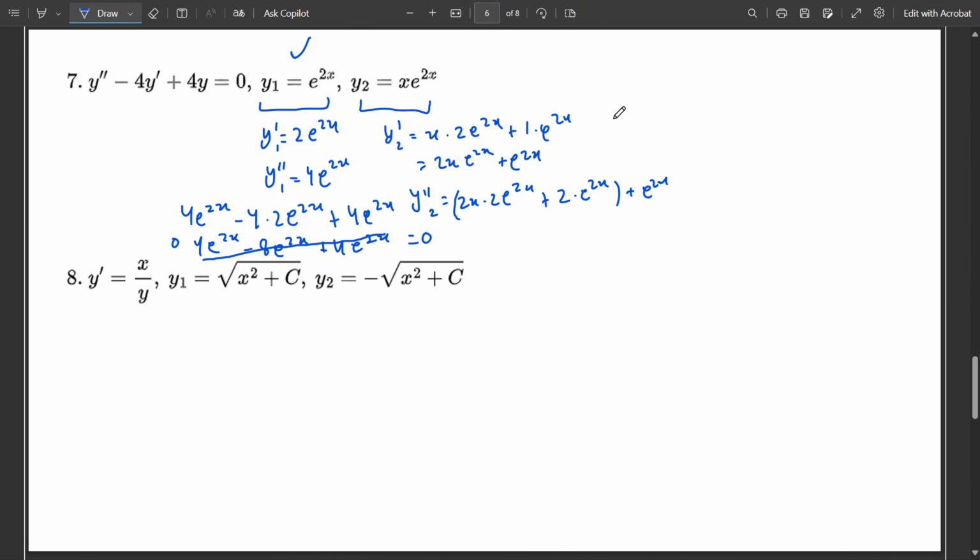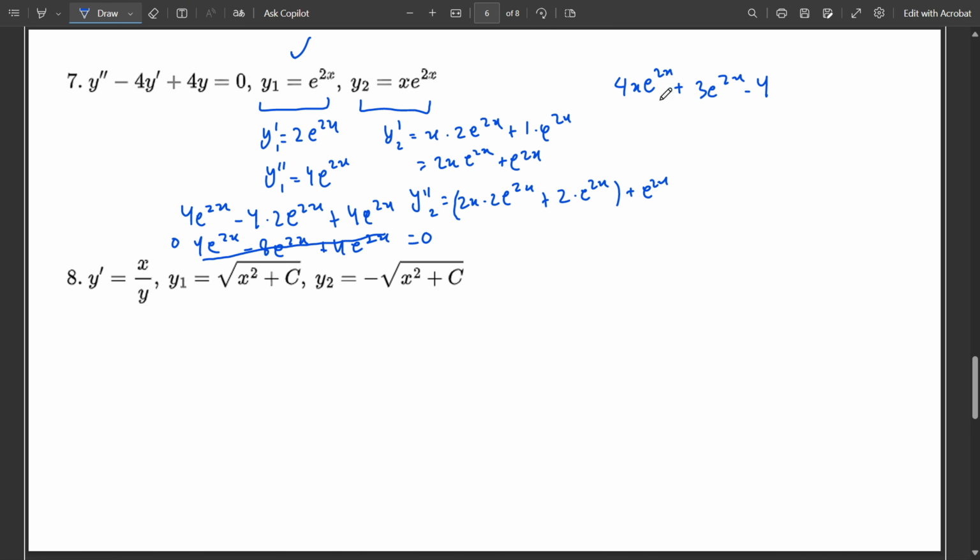Let's see what happens. So we have y double prime, which is 4x e to the 2x plus 2e to the 2x plus e to the 2x, which is 3e to the 2x.